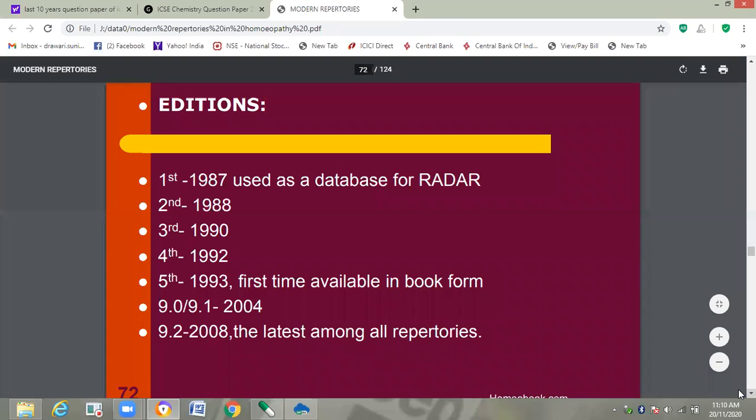As in Kent repertory, we can repertorize any type of case, because in Kent repertory we can find mental general, physical general, as well as particular symptoms. With this repertory also we can repertorize any type of case, because in this repertory also we can find mental general, physical general, as well as particular symptoms.